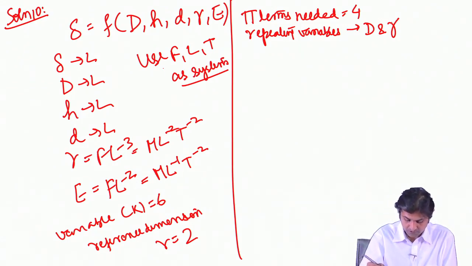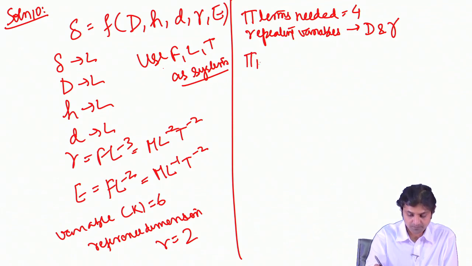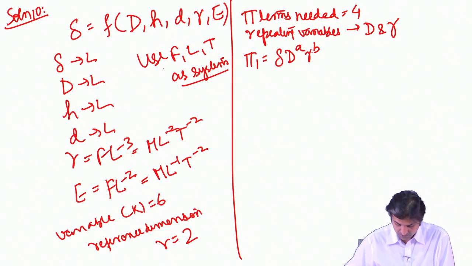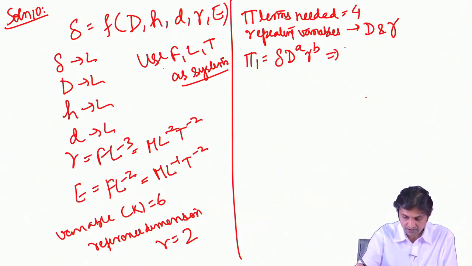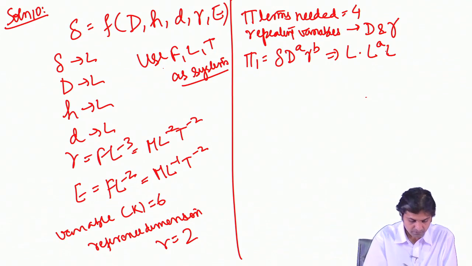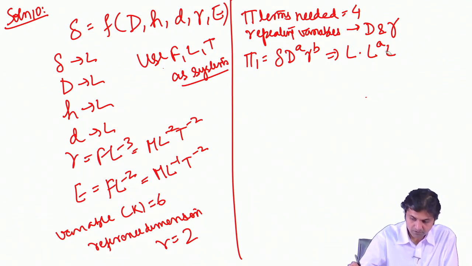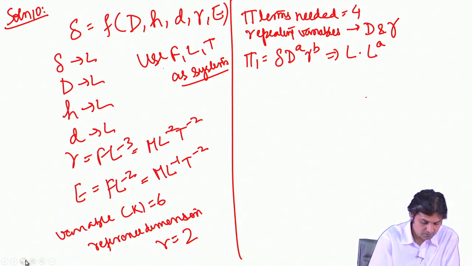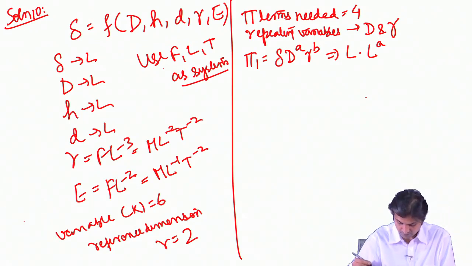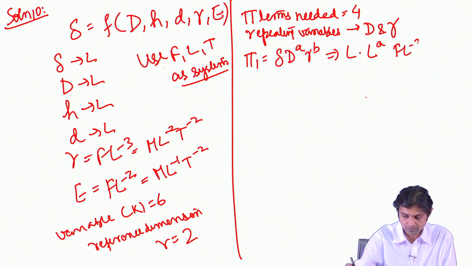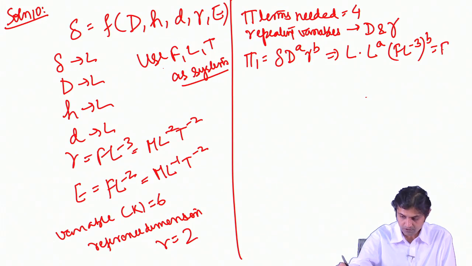Okay, so the first pi term is delta times D to the power A, gamma to the power B, or if we write in terms of L, L into L to the power A, FL minus 3 to the power B is equal to F to the power 0, L to the power 0.